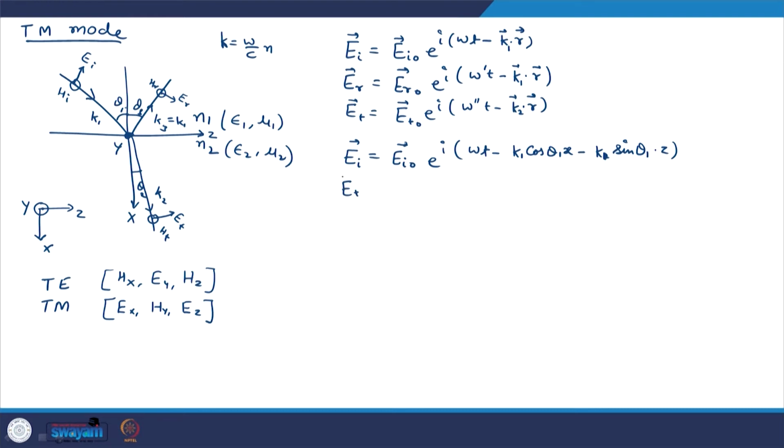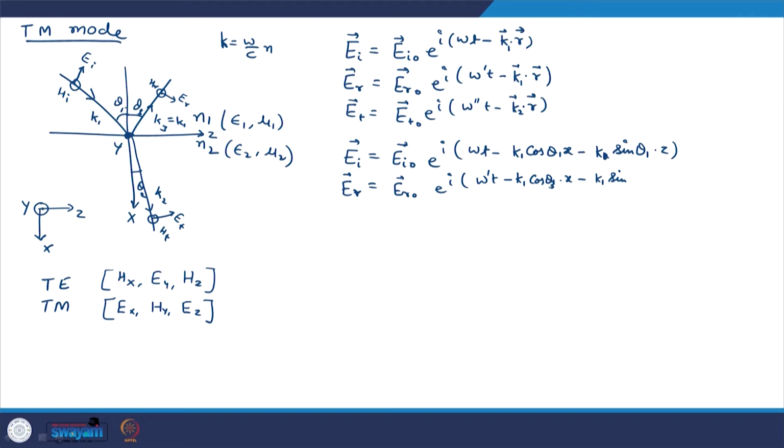and similarly E_r will be E_r0 e^(i(ω't − k1 cosθ x − k1 sin... So, it is θ3 actually.